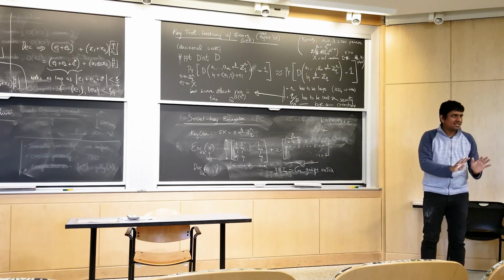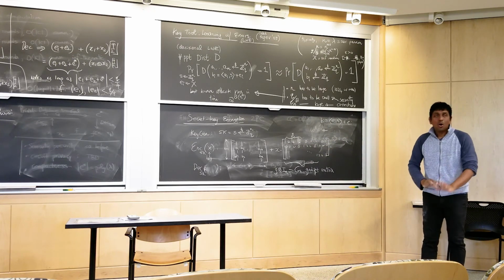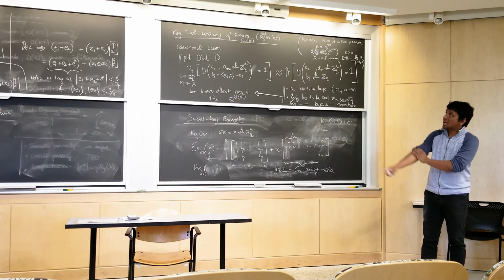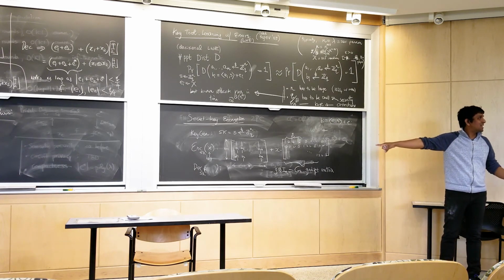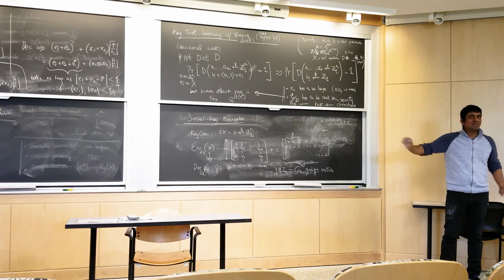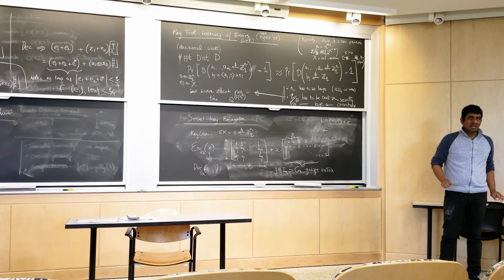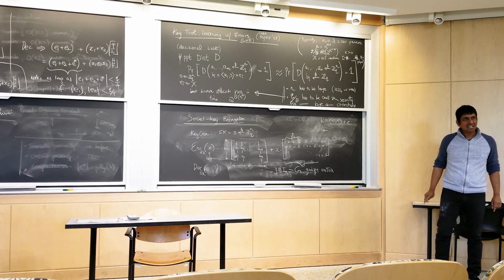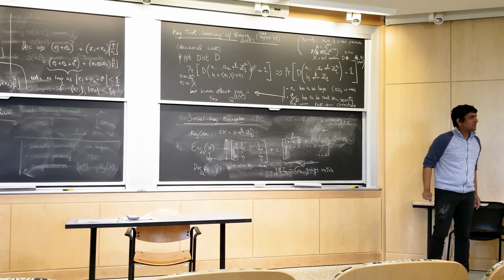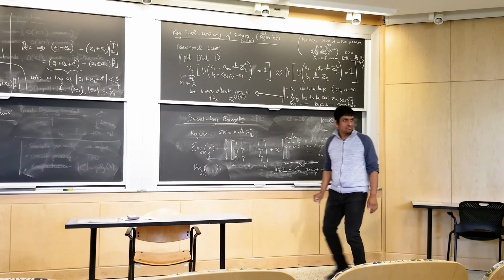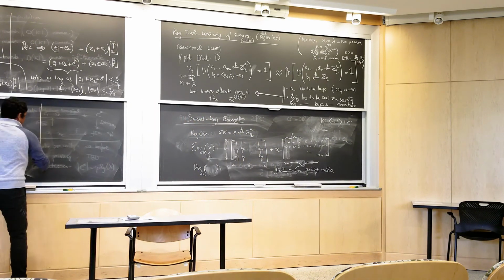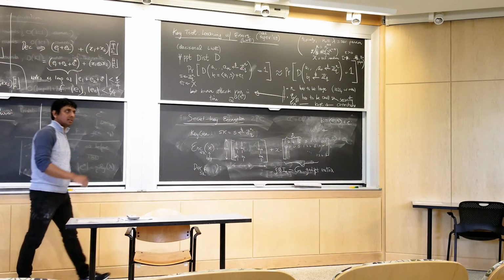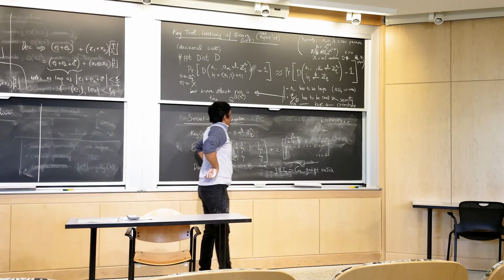All you need to do now is to check additive and multiplicative homomorphism. Additive, you can check for yourself. You do the right thing, you get additive homomorphism, more or less. What you want is multiplicative. Let's do that.